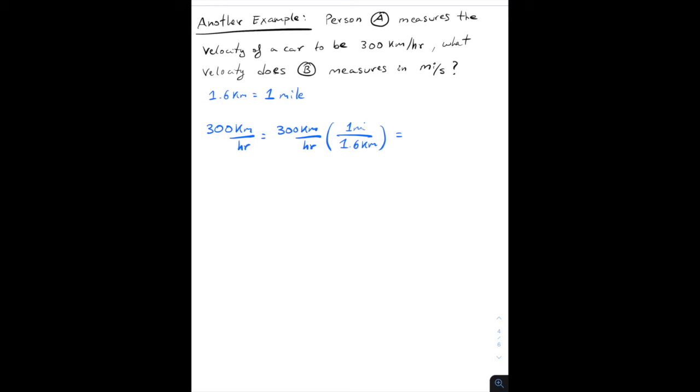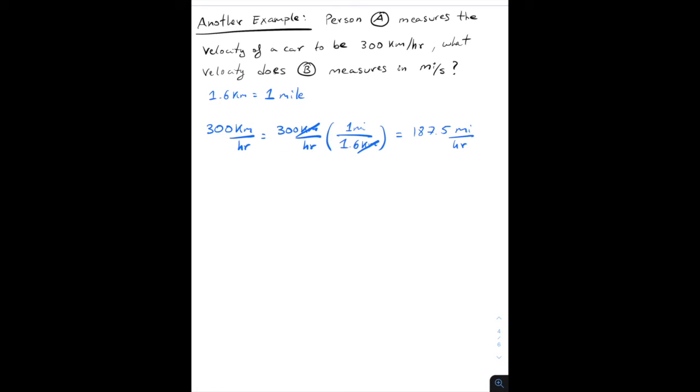Again the kilometers cancel, we get the first unit that we want, which is miles, divided by hours. So this is 300 times 1 divided by 1.6. A quick calculation in your calculator will give us 187.5 miles per hour.